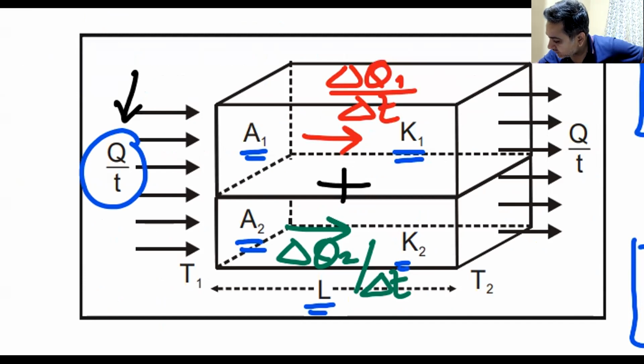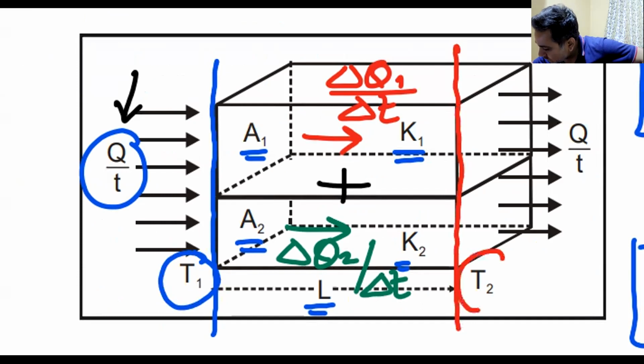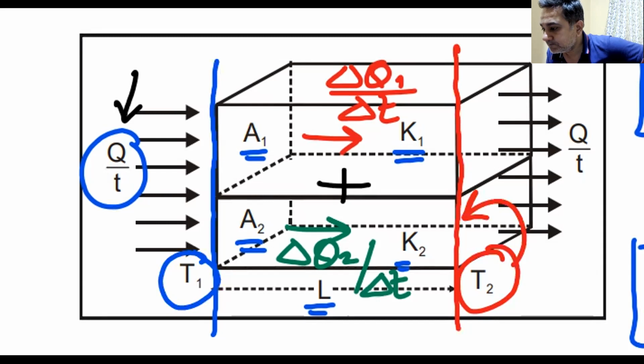The temperature of this end, the blue end, is T1. Do we understand this? Sir. The temperature of this end, the red end, is T2. Do we understand this, bacha? Sir. We understand this?